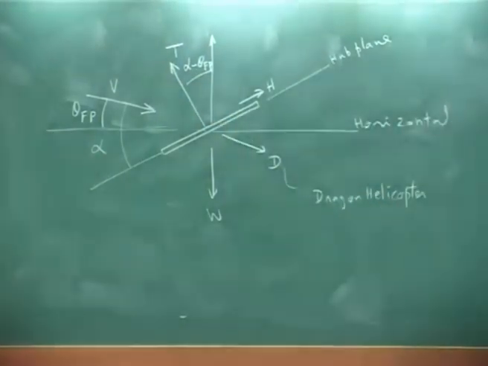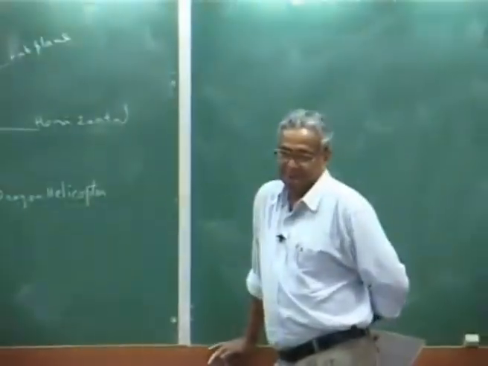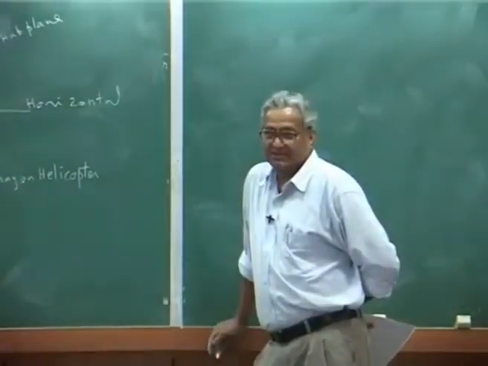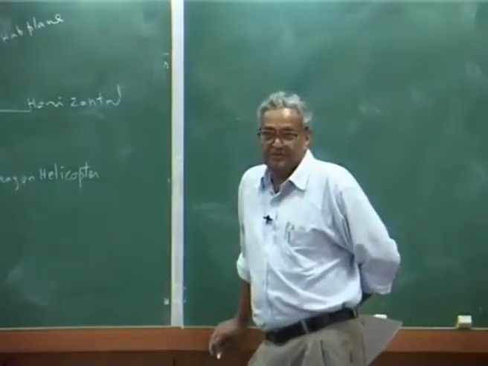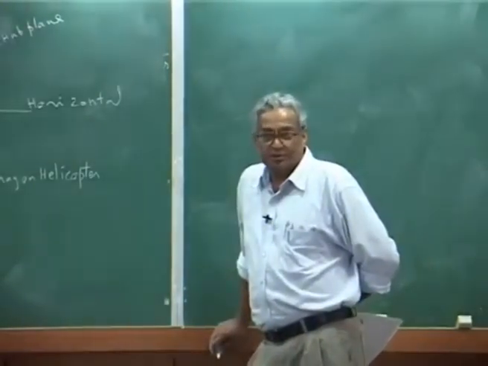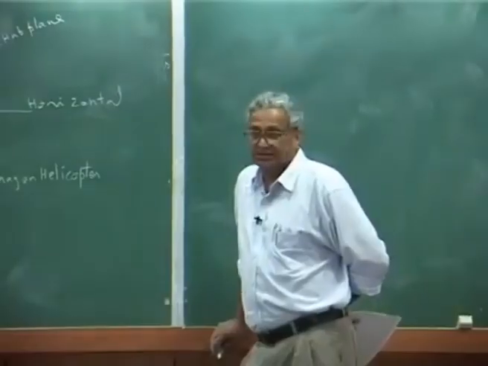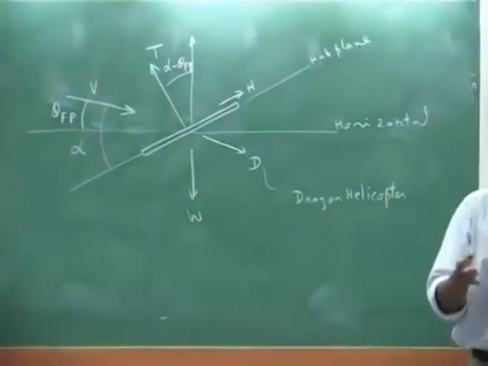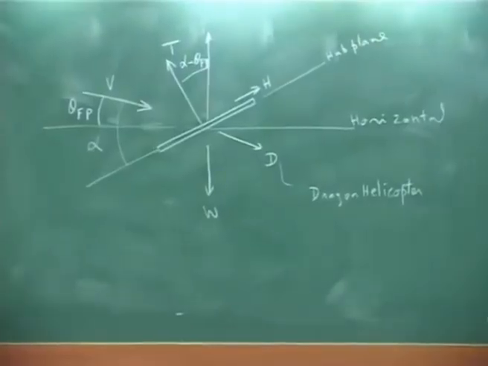Now, let us write our equilibrium equation. Equilibrium means, because thrust and H force are generated by the rotor system, whereas the weight and the drag are coming because of the fuselage getting dragged.